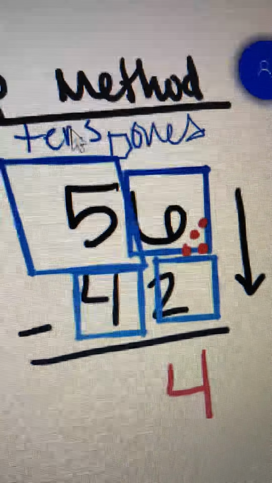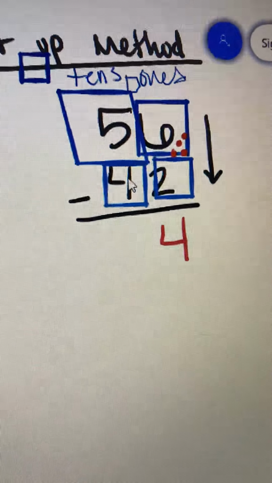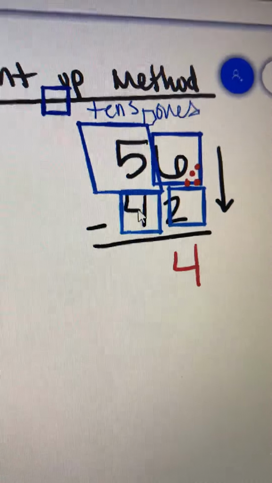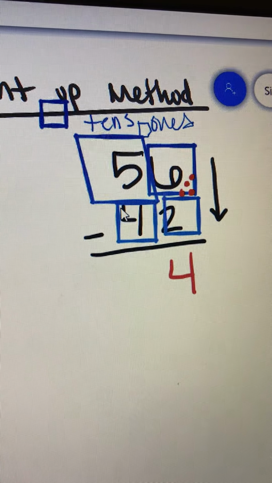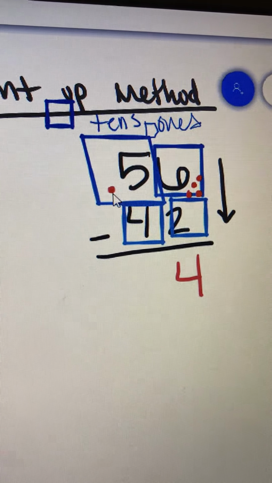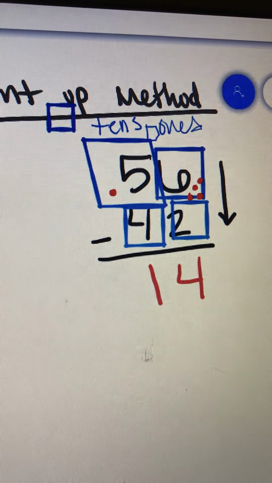Let's go ahead and try the tens place. We now have 5 minus 4. So we can again do the count up method. So let's do 4 to 5. So 4 to 5 is 4, 5. There is 1 dot. So my answer is 1.